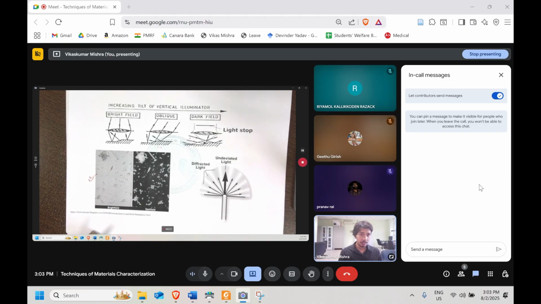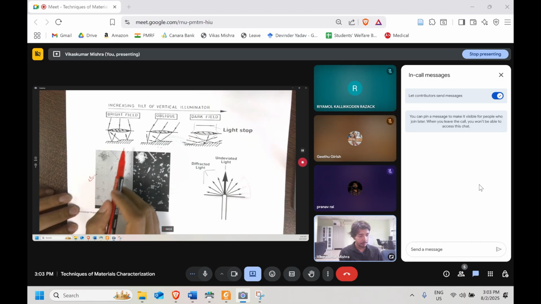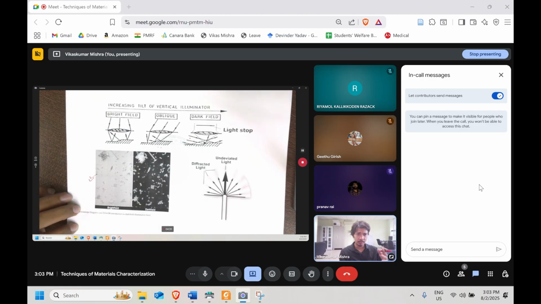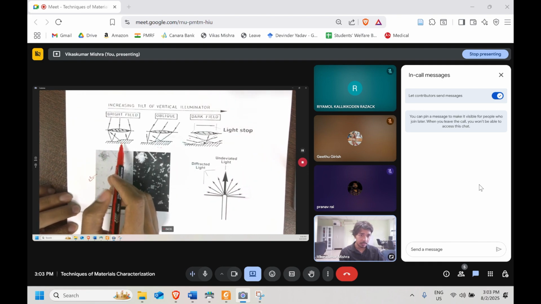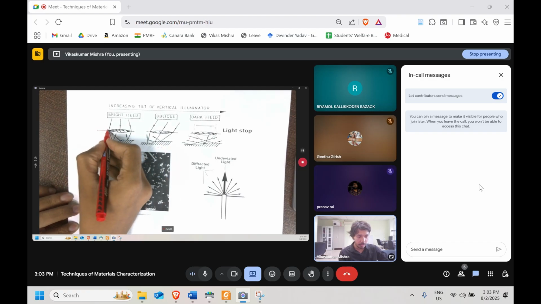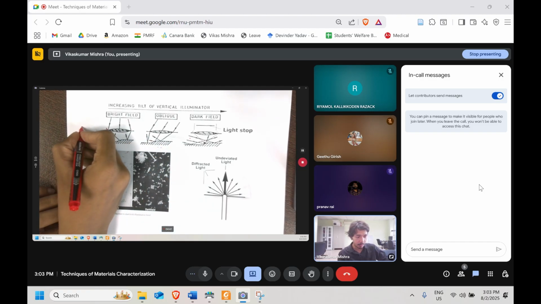What is happening is that the direct light coming from the light source goes to the condenser lens, which focuses it onto the specimen. From the specimen, whatever direct light is there, we capture it with the objective lens.